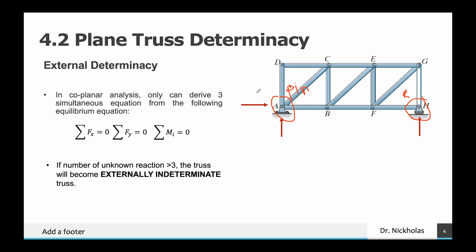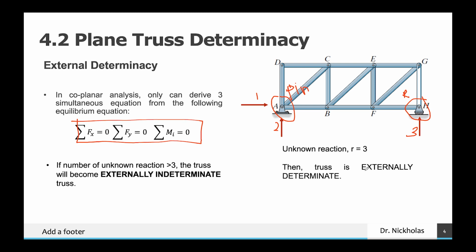So now we have 1, 2 and 3 unknowns. Since we have 3 unknown reaction forces at the supports, we can solve them using simultaneous equations derived from the equilibrium equations. So now the truss is considered externally determinate.